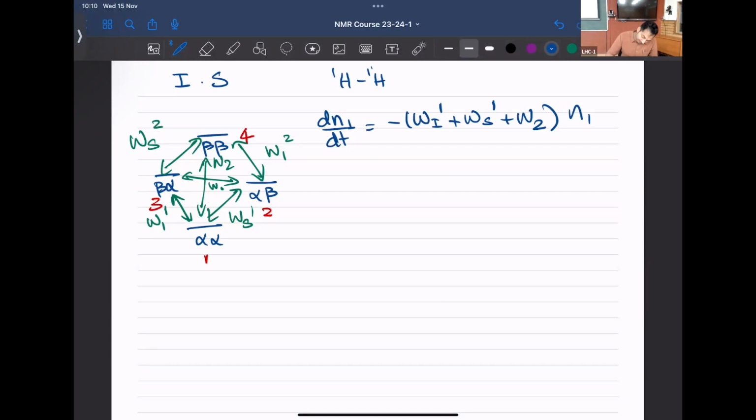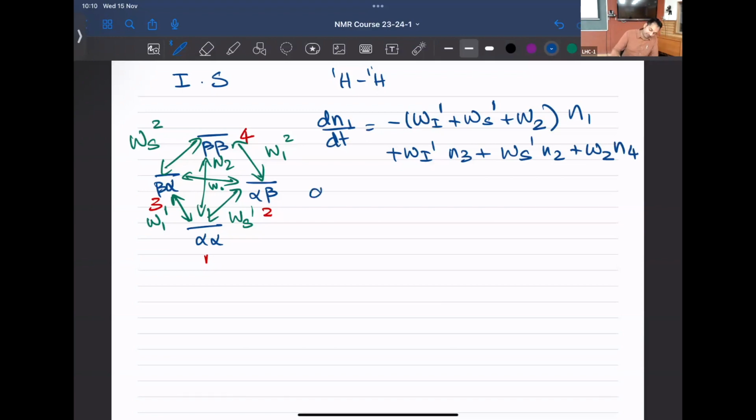Plus WI1 times n3, plus WS1 times n2, plus W2 times n4. This is what we wrote.